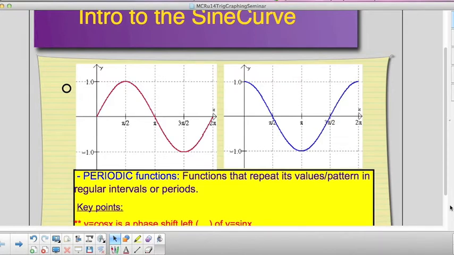In the world of trigonometry, pi means 180 degrees. So when I say pi divided by 2, I actually mean 180 divided by 2. Pi by itself is 180 degrees. 3 times pi divided by 2 is 3 times 180 divided by 2, which is 270 degrees, and so on.